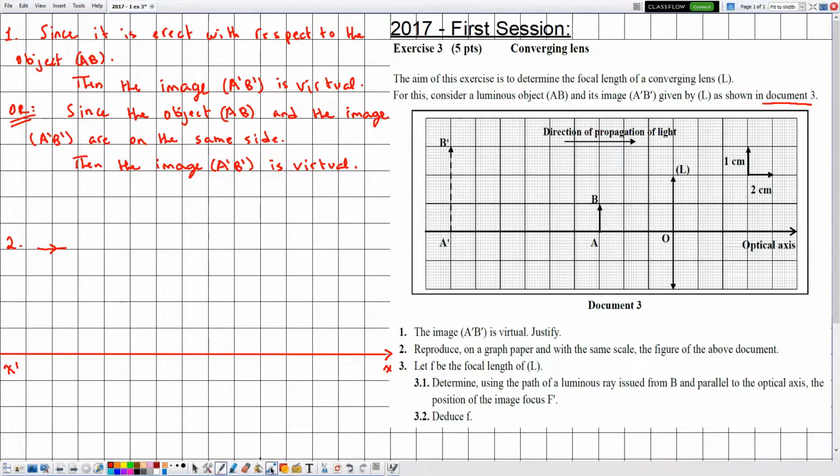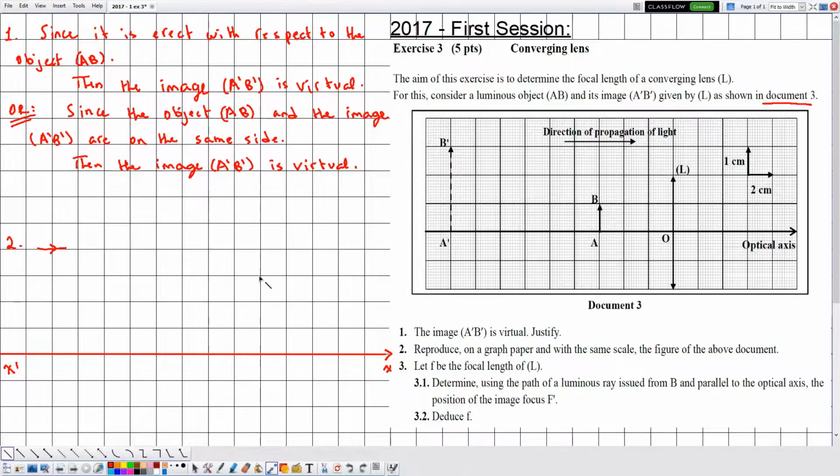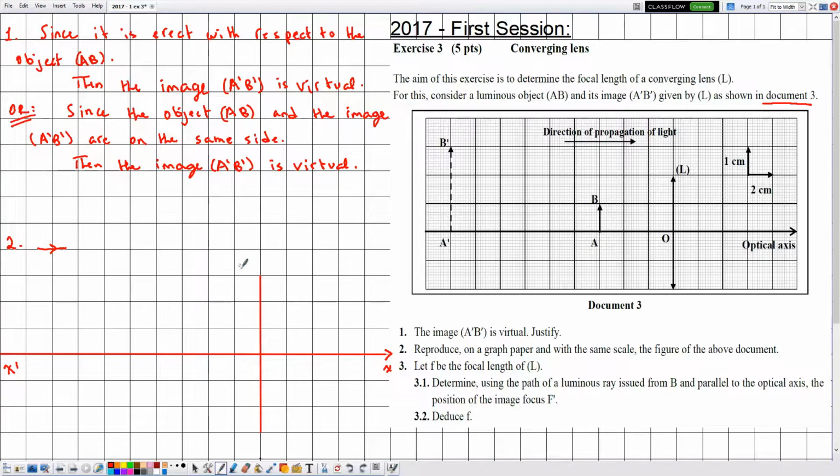And then we place the lens L perpendicular to the optical axis at the center, using the correct symbol of a converging lens. And we know that the intersection between the optical axis and the lens L is the optical center O.